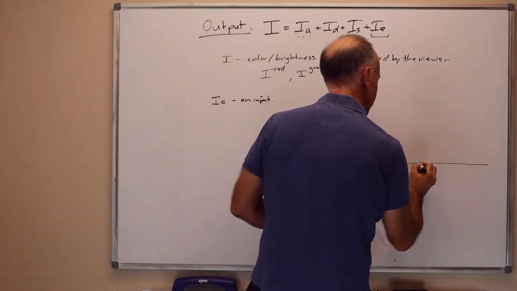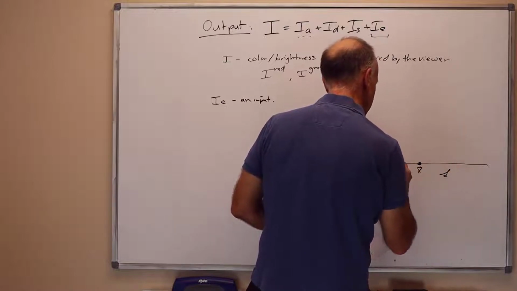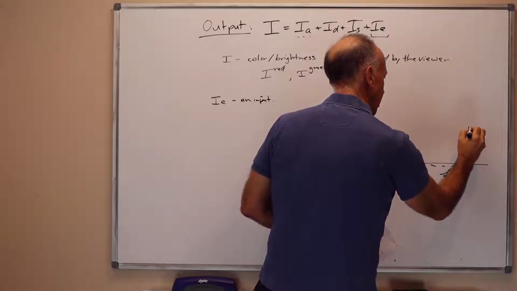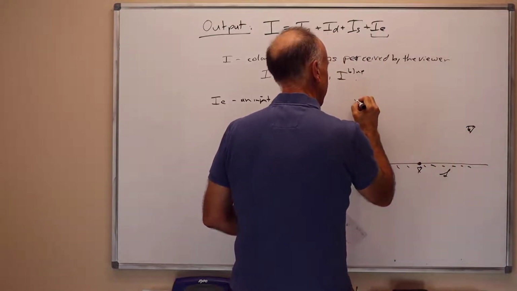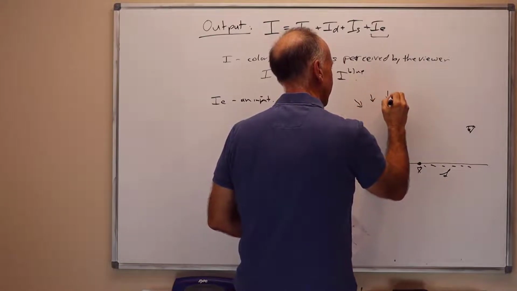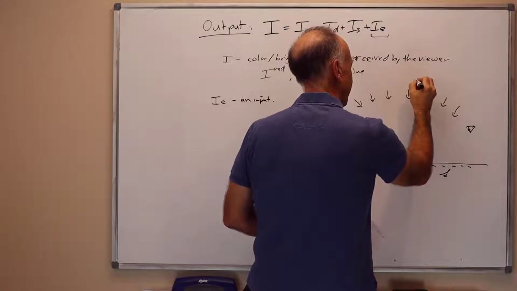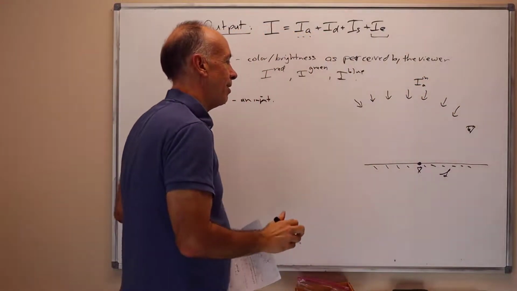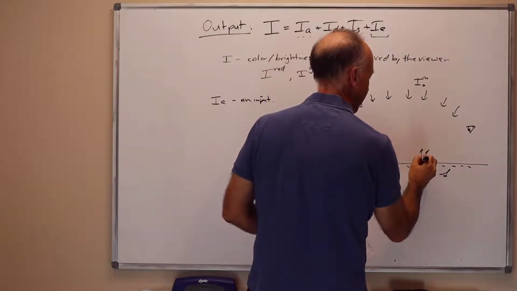So our picture here is, here's our surface, here's X, here's our viewer, and ambient light is coming from all directions. So we basically think of I in A as coming from all directions. And it hits this point, and it reflects out equally in all directions.